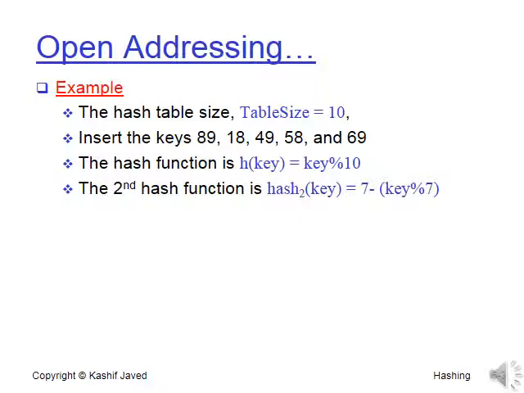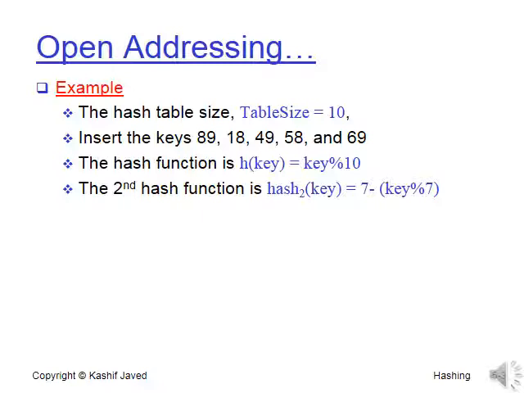Let's consider an example. The hash table size m equals 10. Please note that we have not picked a prime number for the table size. This is just for demonstration. We will be inserting the following keys in sequence: 89, 18, 49, 58, and 69.